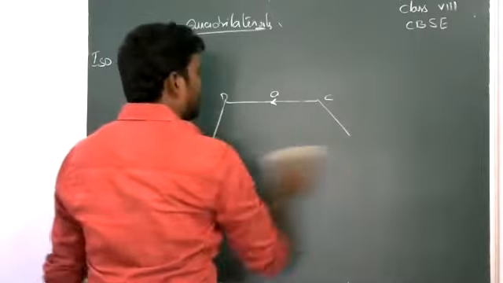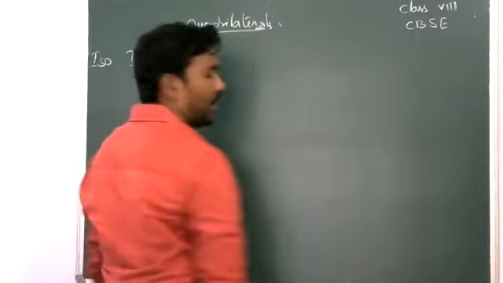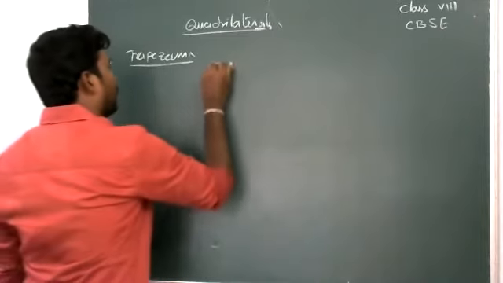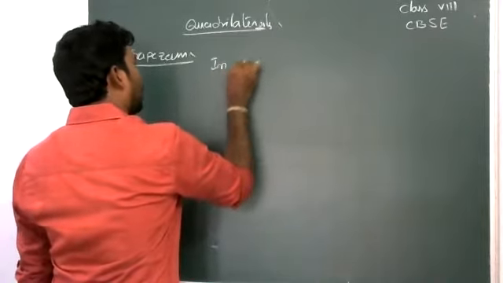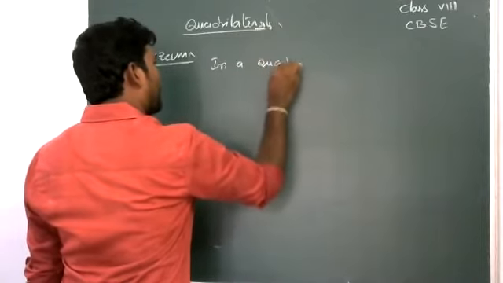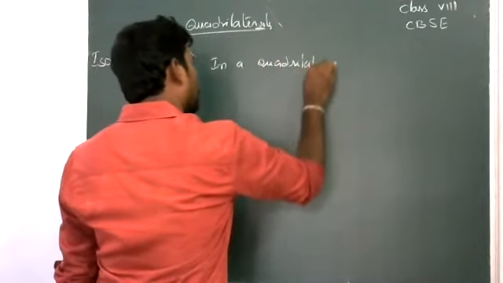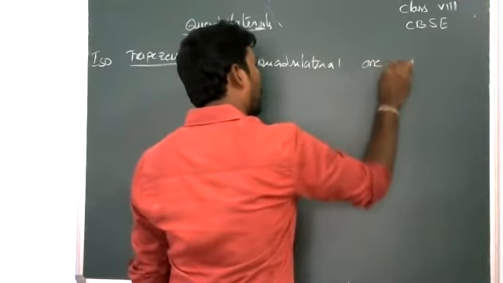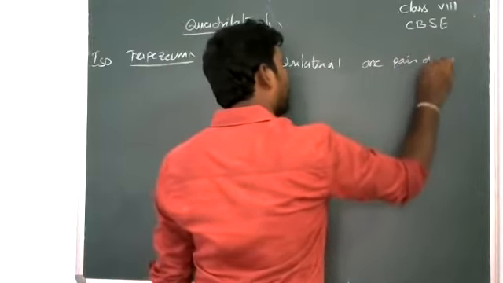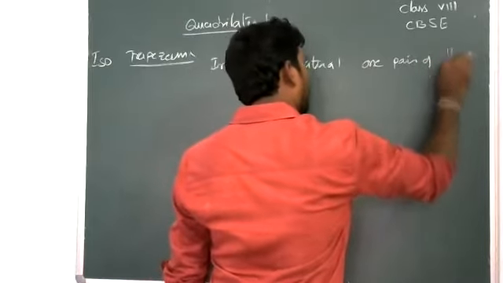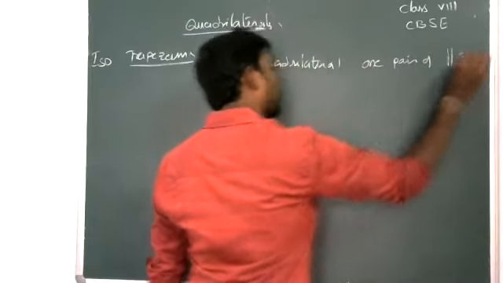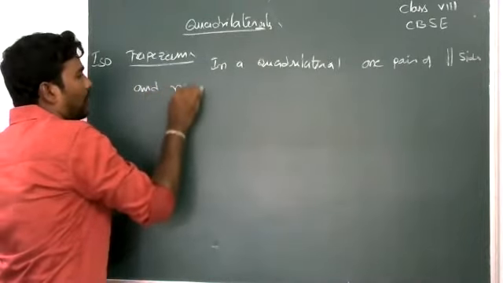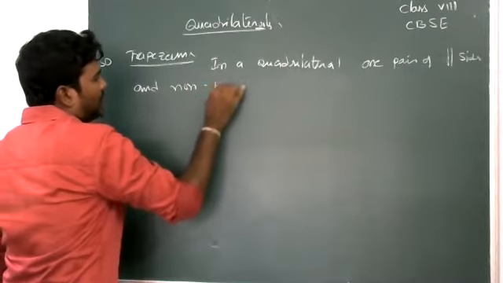So in a trapezium, in a quadrilateral, you can write: one pair of parallel sides, and non-parallel sides are equal.